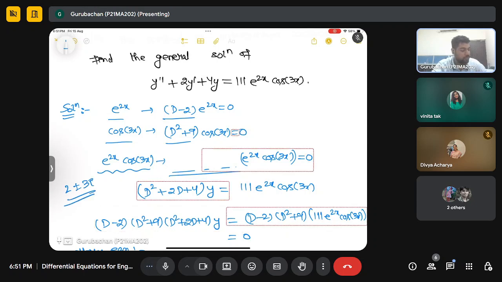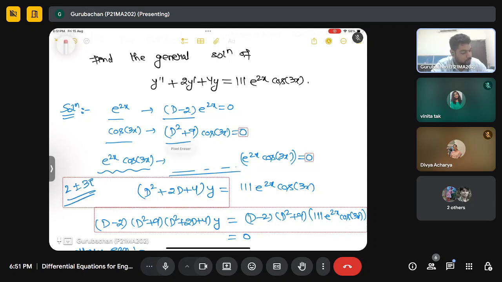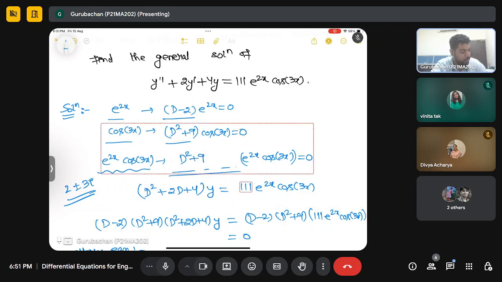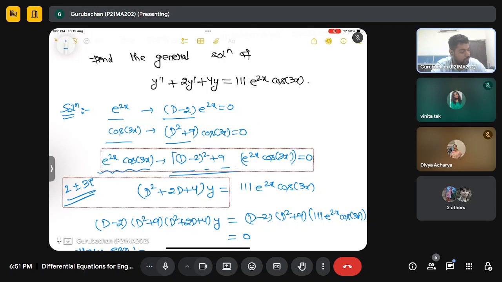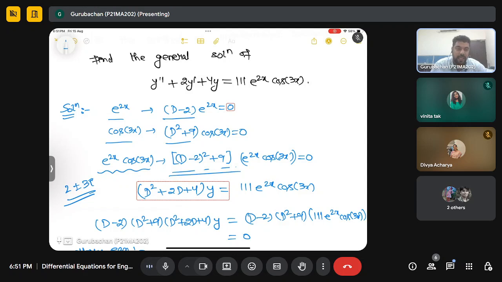So what we have to consider is, in fact I would say, (D minus 2) whole square plus 9, so that we can have 2 plus minus 3 iota.